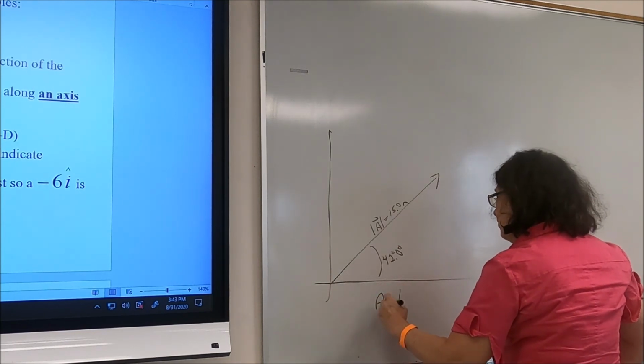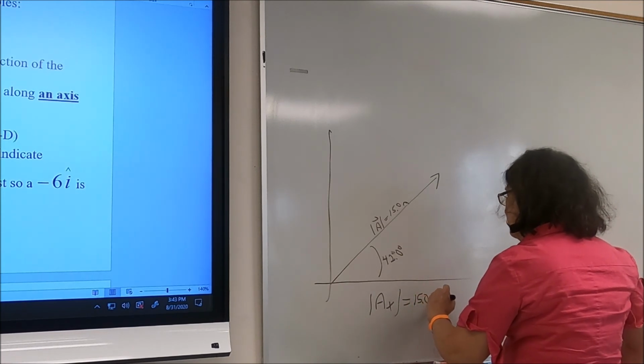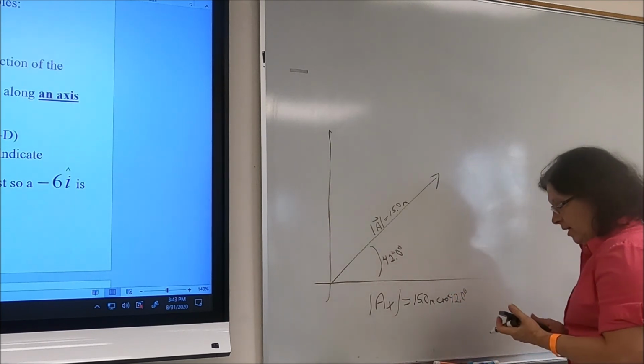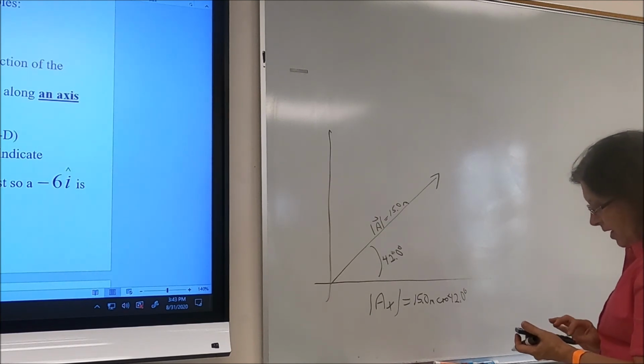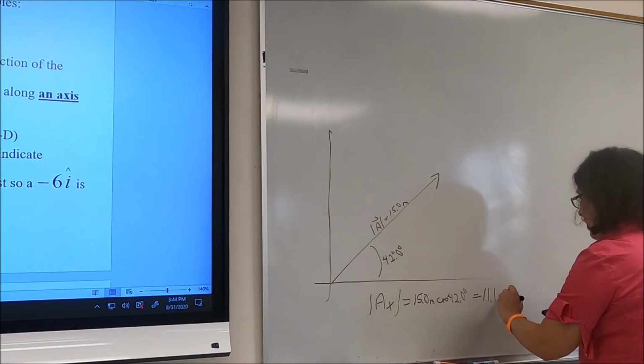So the magnitude of AX is going to be 15.0 meters times the cosine of 42.0 degrees. So 42 cosine times 15 gives me 11.1 meters.